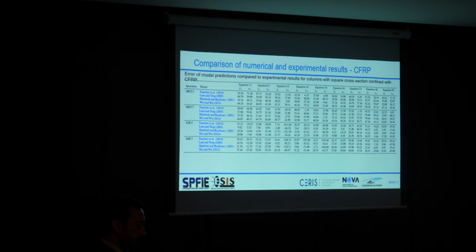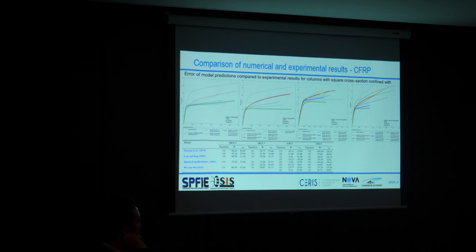So here we have the error. We work with the error in percentage. We have the error that we found, in this case, for carbon. We have all the equations that are applied to square columns confined with carbon, and the models that will be applied to this case. These are the percentages of error compared to the values of the experimental tests.